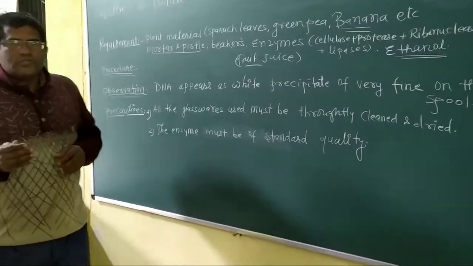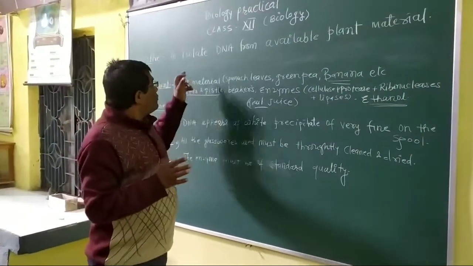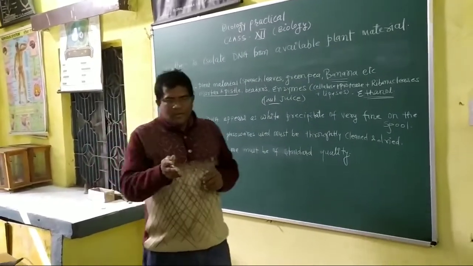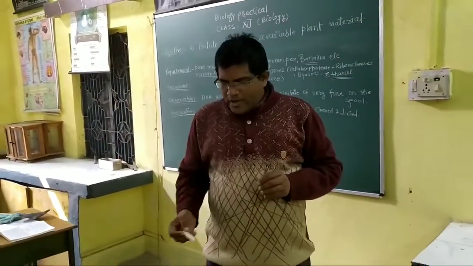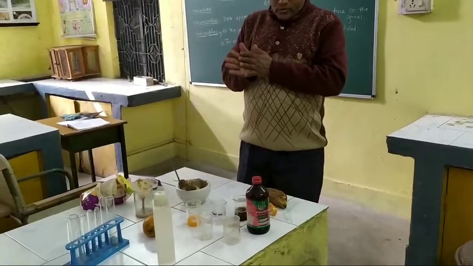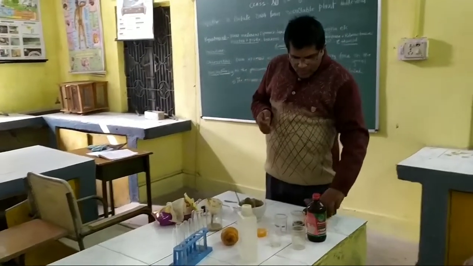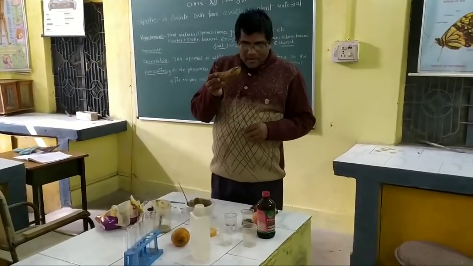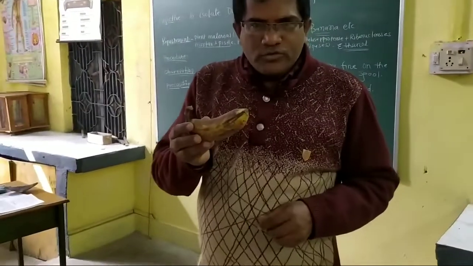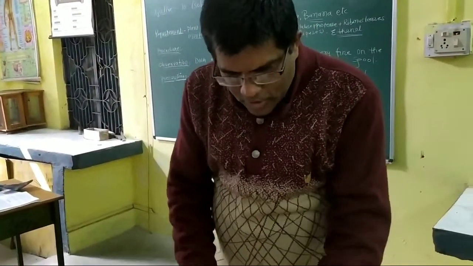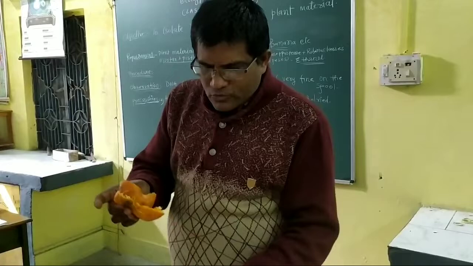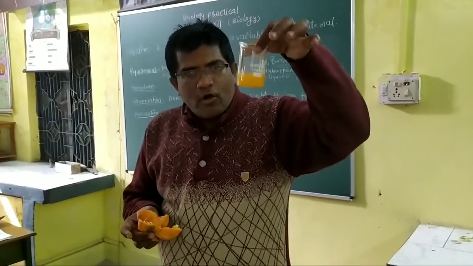So now we have to discuss the procedure, how to isolate DNA from the available plant material. As I have informed you about the requirements, ripe banana can be used, and orange, and this orange is used to obtain the orange juice.